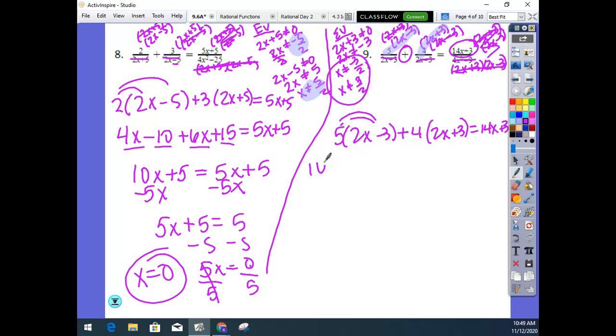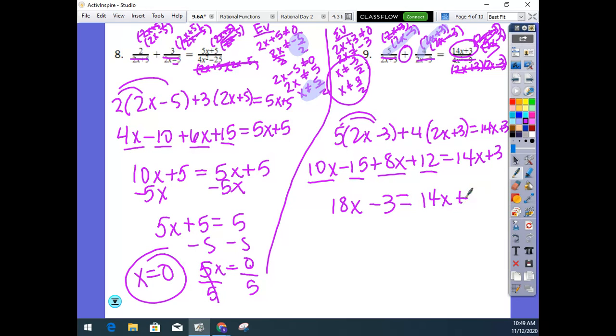Distribute. Combine like terms. Get your x's on the same side. Add 3.